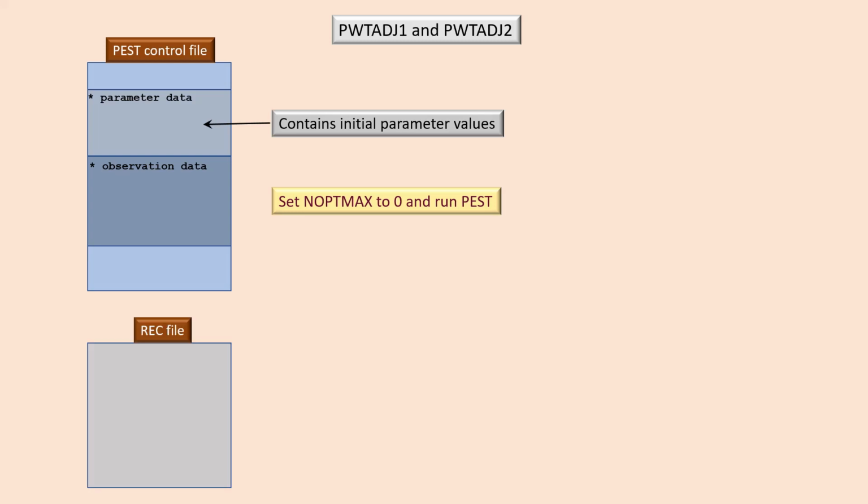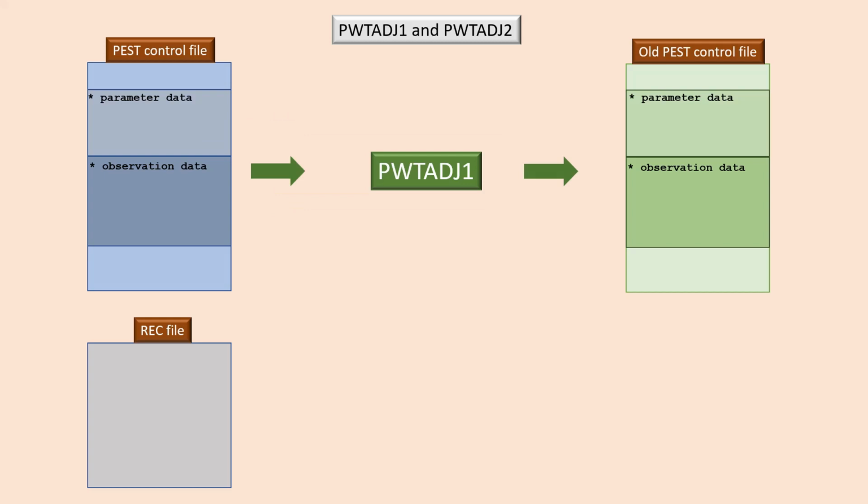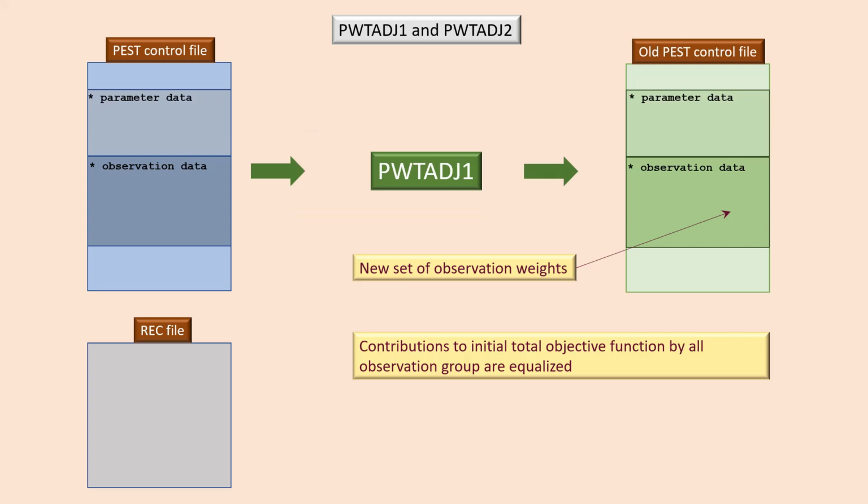PEST will produce a run record file in which it records the contribution to the objective function by each observation group. We then run PWTADJ1 to build a new PEST control file, and in that new PEST control file the observation weights have been changed such that the contribution to the total objective function by observation groups is equalized.